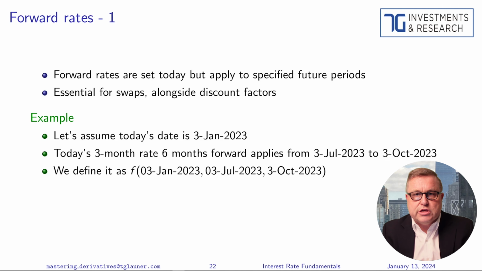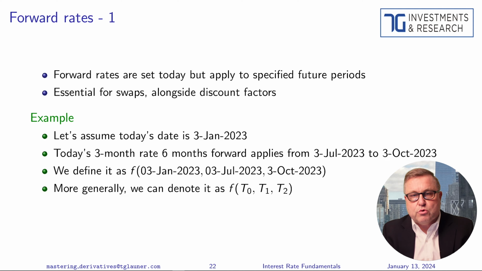In our notation, F, the first parameter, indicates when this forward rate is effective, January 3rd, and then follows with both start and end dates of that particular forward interest rate period. Generalization of T0 with T1 and T2, where T1 represents the start date and T2 marks the end of the forward rate period. This forward is established at time T0.